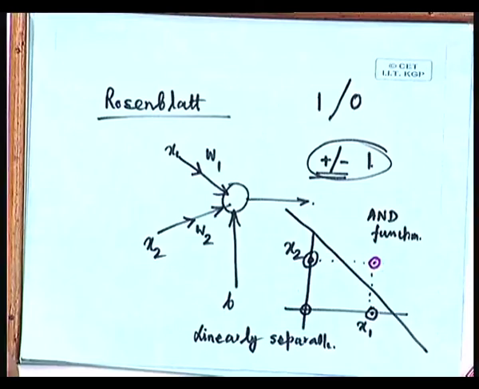Okay. Now, let us go somewhat into the theory of the perceptrons, because we once made a statement that it was shown by Rosenblatt that if you train a single layer perceptron with linearly separable patterns, then it converges.